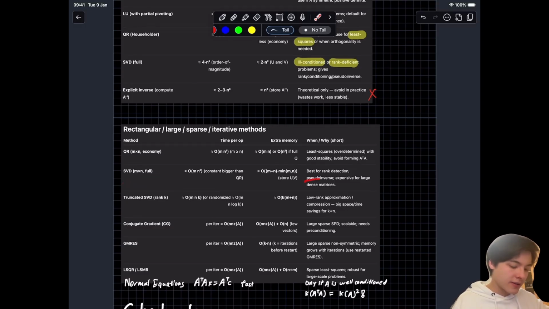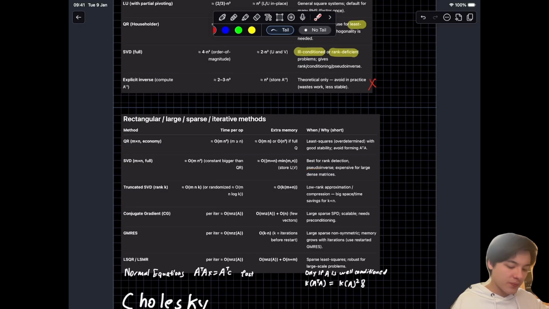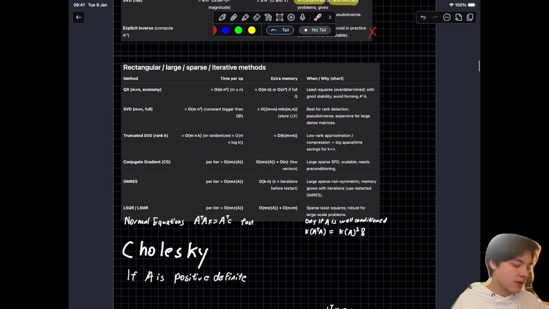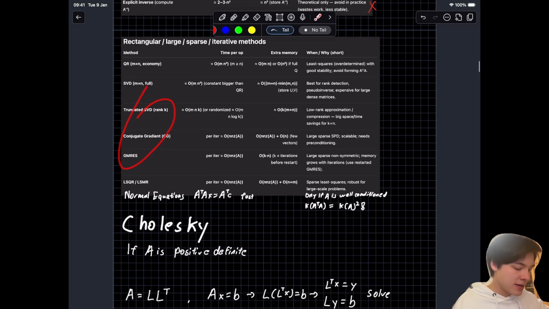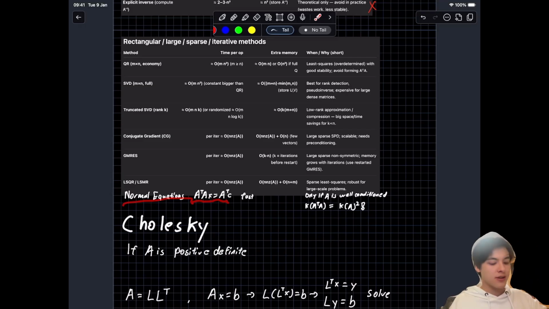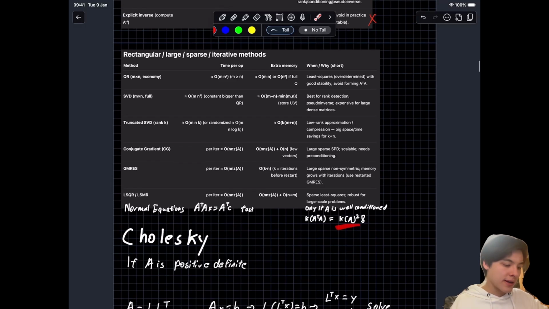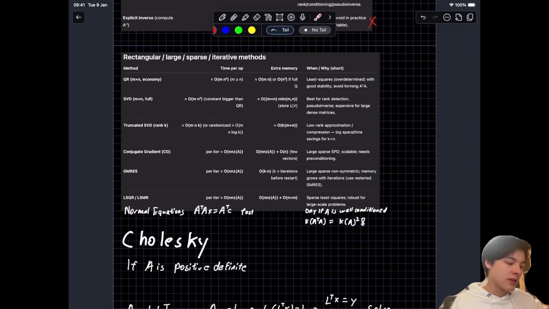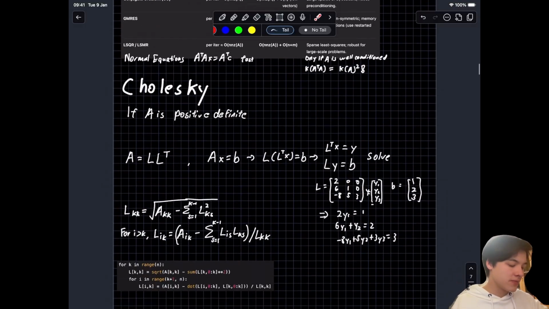It can calculate the pseudo inverse. And then normally there are also the normal equations, A transpose A x equals A transpose b. This one is fast, but then the kappa is also squared, and it's not the most accurate one. So that's why we would prefer QR or SVD.